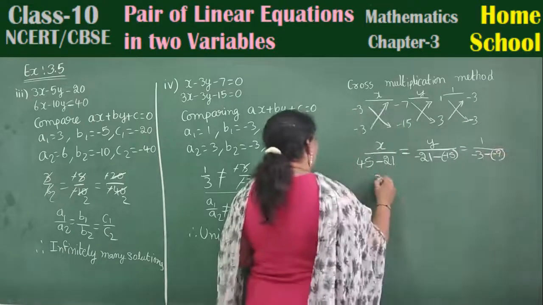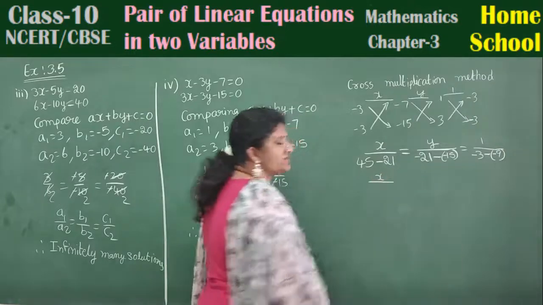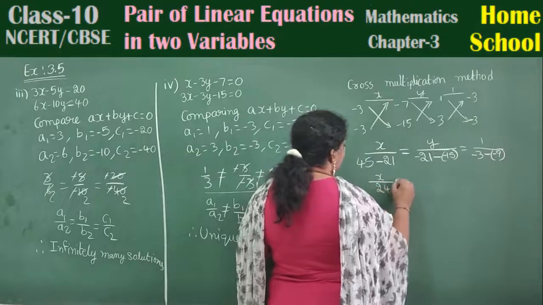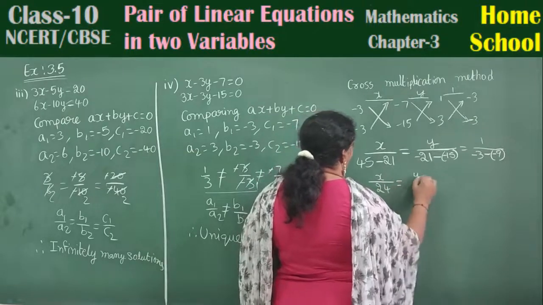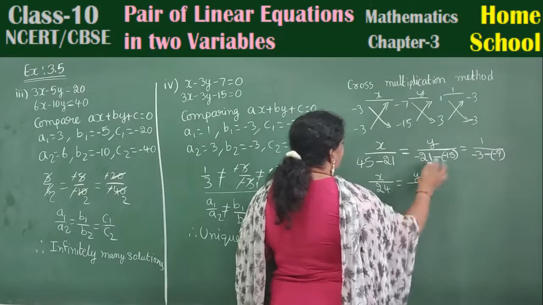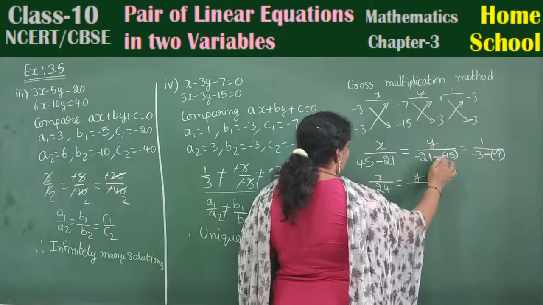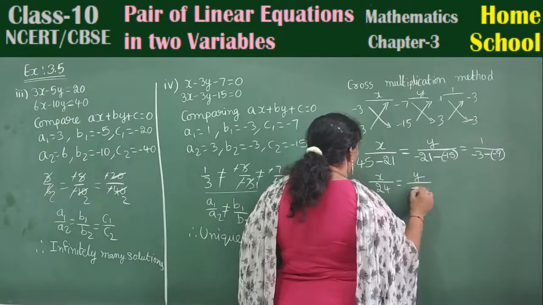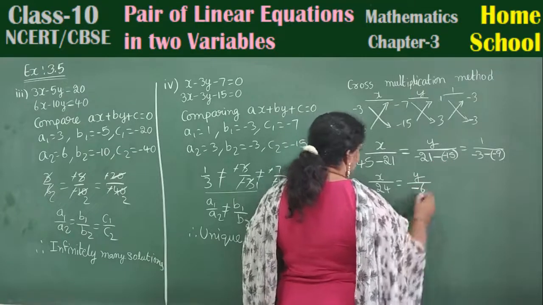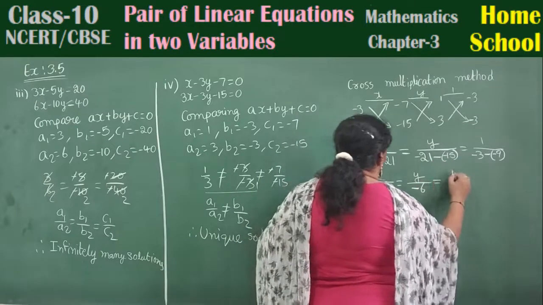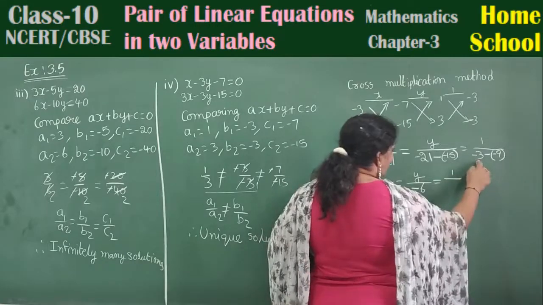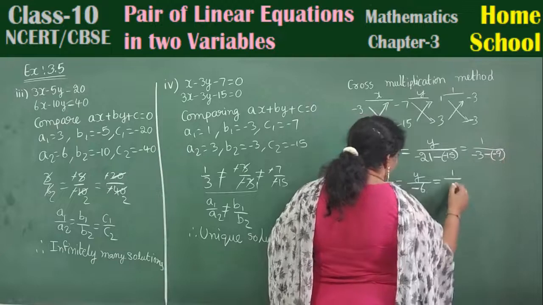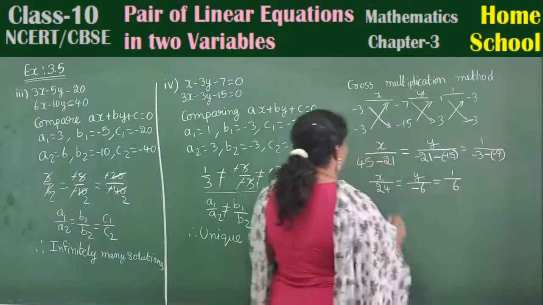Right? x by 45 minus 21, it will be 24 is equal to y by minus 21 minus into minus plus minus 21 plus 15 will be minus 6 is equal to 1 by minus 3 minus into minus plus minus 3 plus 9, it will be 6.